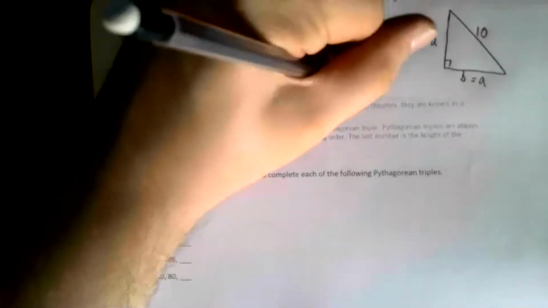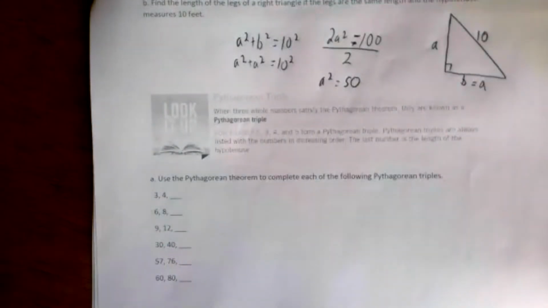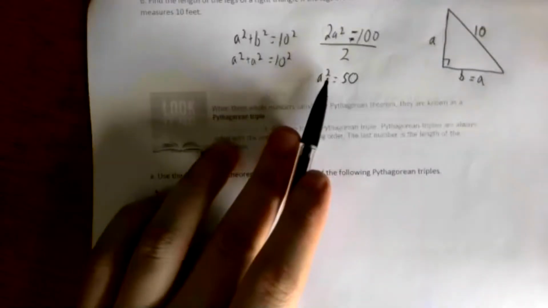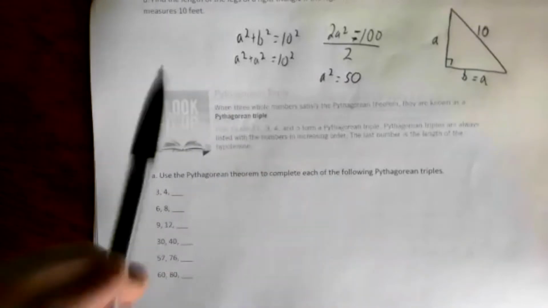So how can I get A by itself? You're going to divide by 2 on each side. Yep, so I have A squared equals 50. And now what can I do? The inverse to squaring is square root.